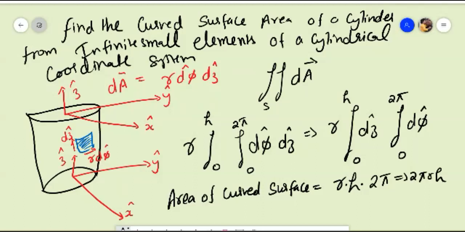and then the last question will be the volume of the cylinder. So we can also find the volume of the cylinder.